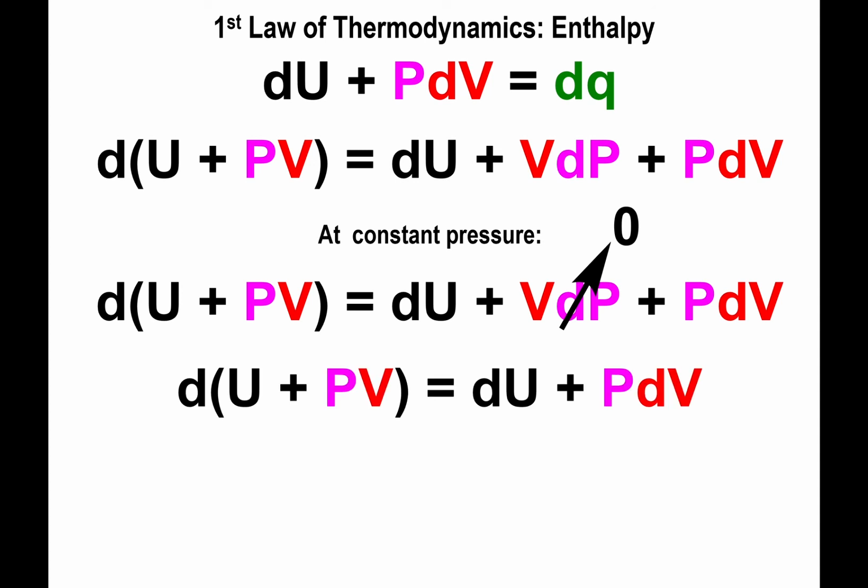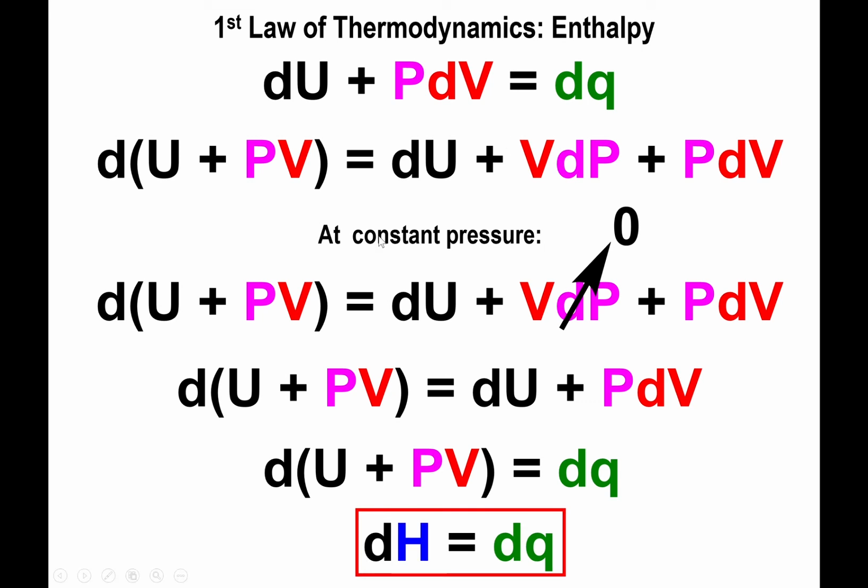And so, at constant pressure, the change to U plus PV is literally equal to the first law of thermodynamics, which means that at constant pressure, the heat is actually path independent. You can approach it every which direction you want, and the heat will be guaranteed to equal the same value, no matter where you perform the experiment, no matter what you do to get from point A to point B, as long as you start at point A and end at point B.